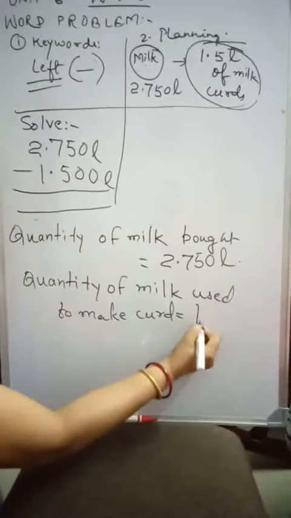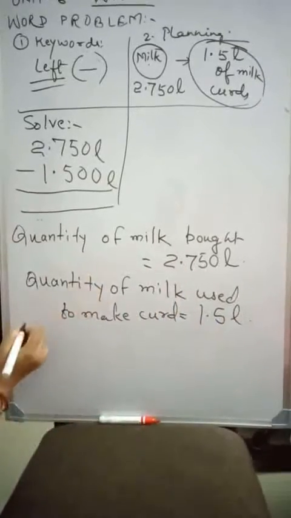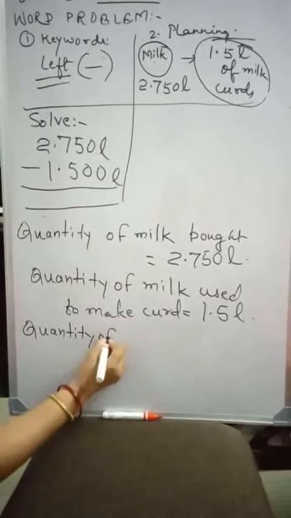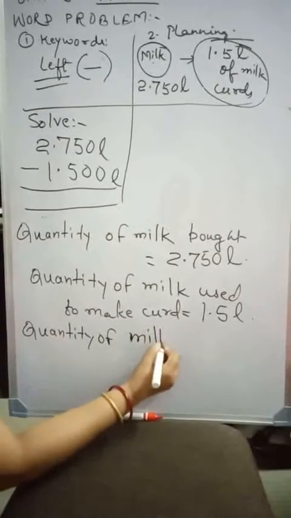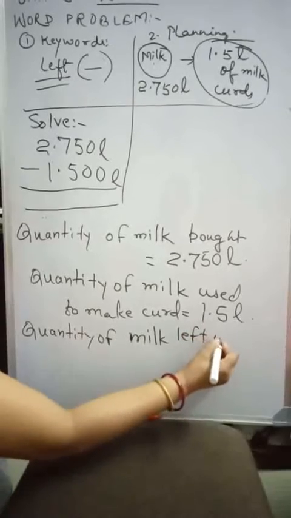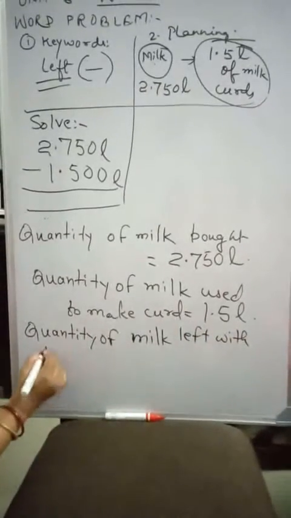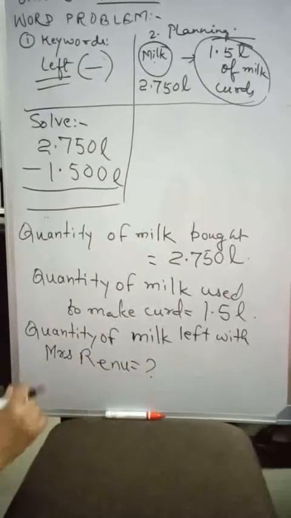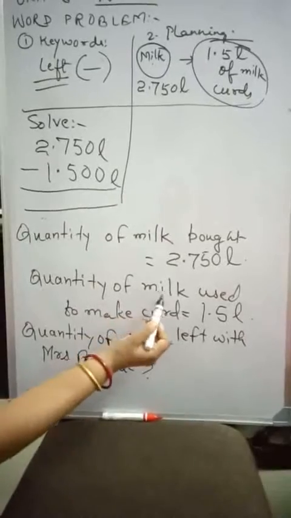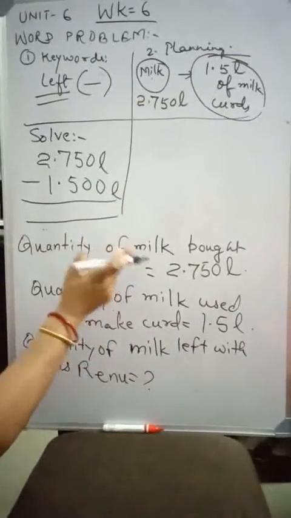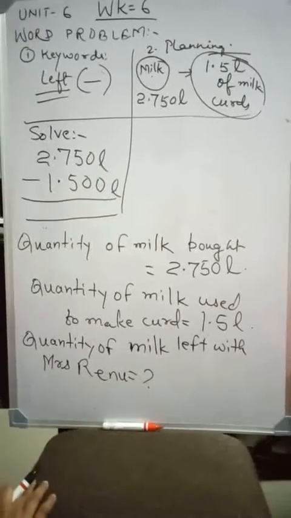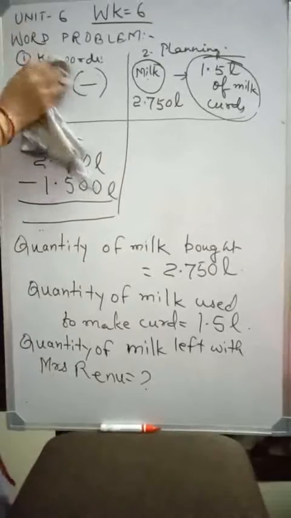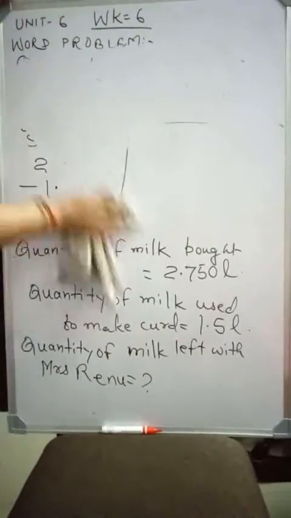It is 1.5 liters. So you have to find out the quantity of milk left with Mrs. Renu, that is equal to what? So what we will have to do, we have to subtract the quantity of milk used to make curd from the quantity of milk bought by Mrs. Renu.